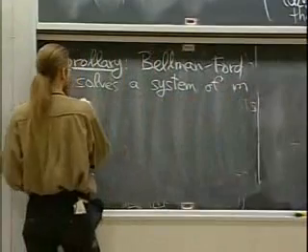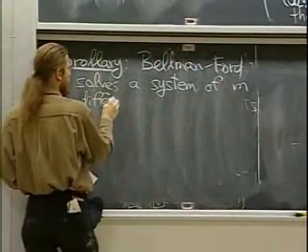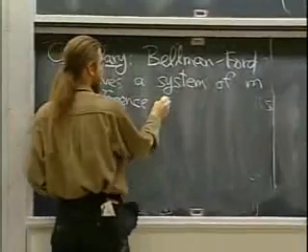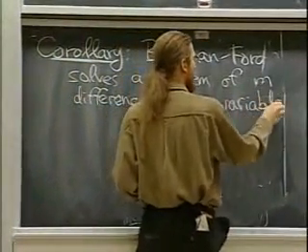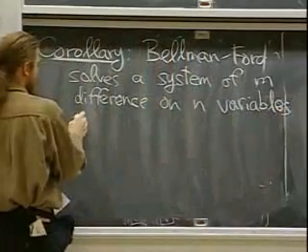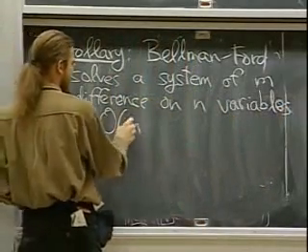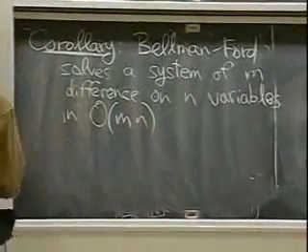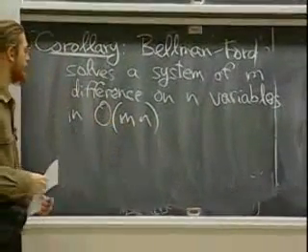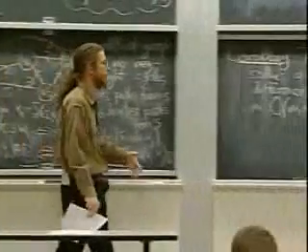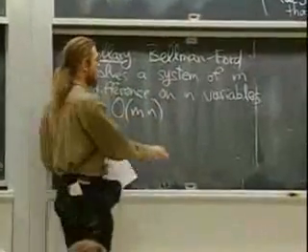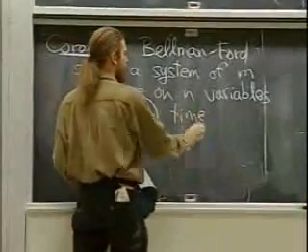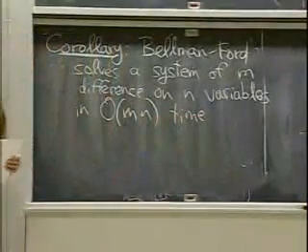You have m difference constraints, and you have n variables. And it will solve them in order m times n time. Actually, these numbers go up slightly because we're adding n edges and we're adding one vertex. But assuming all of these numbers are non-trivial, m is at least n. It's order mn time.